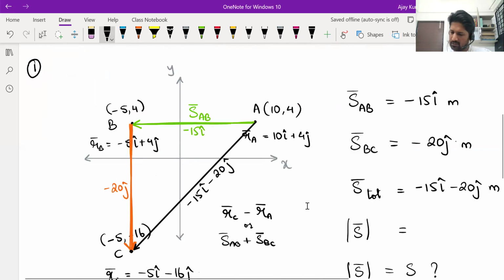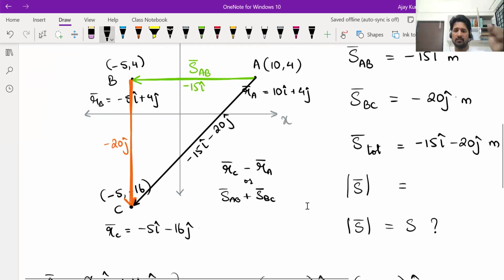So here I asked you the magnitude of total displacement. Now we got the vector total displacement. Calculate its magnitude, all of you.